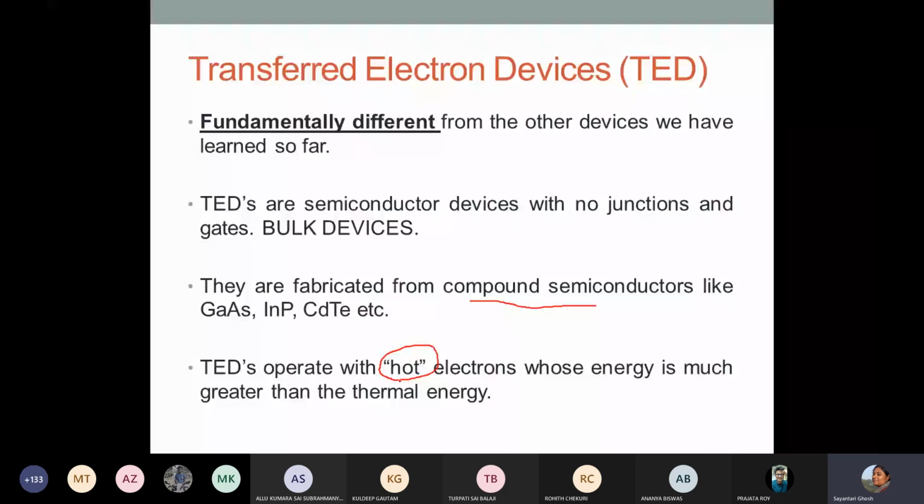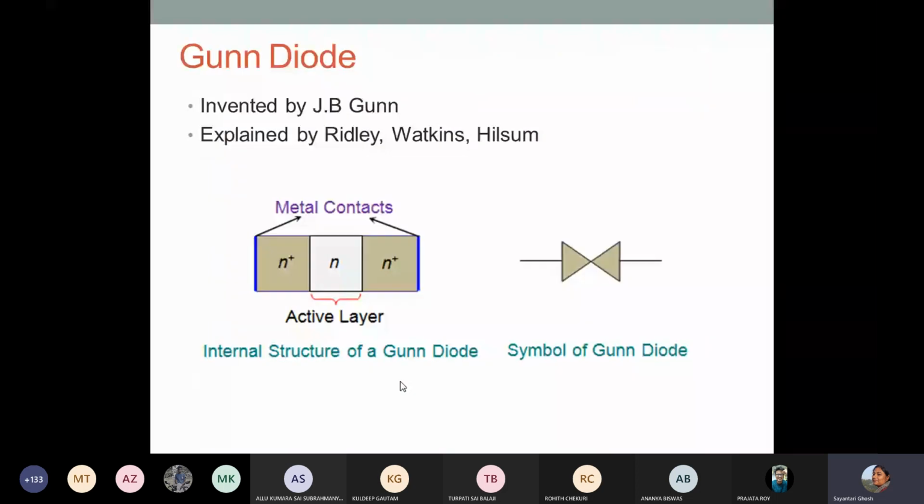So gunn diodes, invented by J.B. Gunn, just have metal contacts on both sides and a single type of material sitting in between, no PN junction. Just two metallic contacts for two terminals on both sides. This is the symbol of gunn diodes.